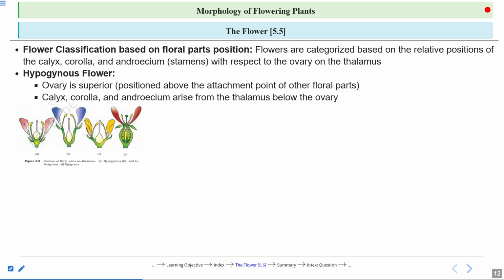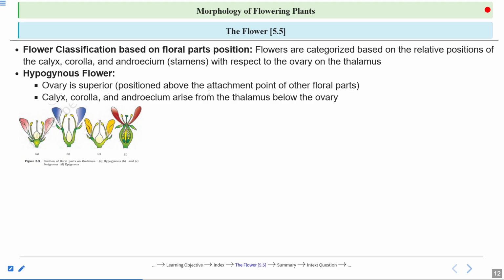So let us see the first one, the hypogynous flower. Hypo. The ovary is superior because the ovary is at the top. Why is the ovary superior? Because the ovary is present at the top of the thalamus and all the other parts come downward from the ovary.